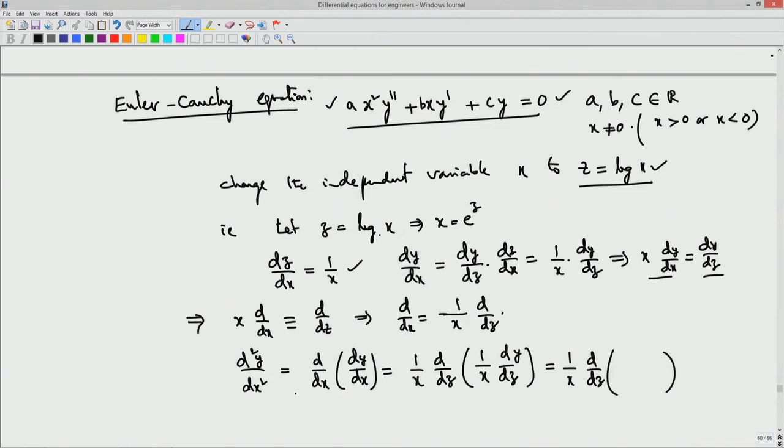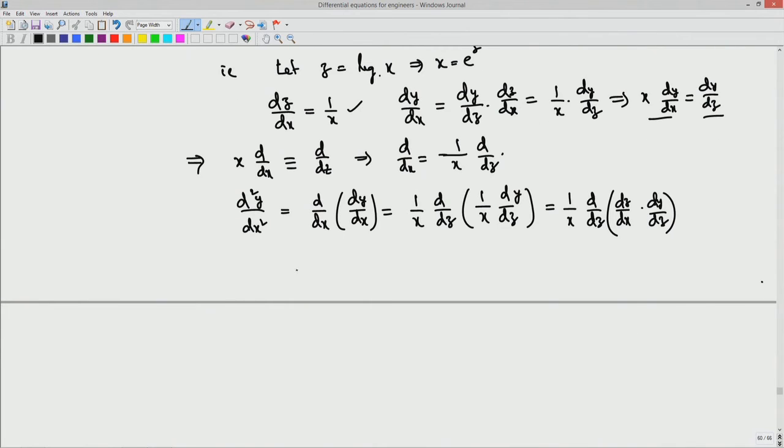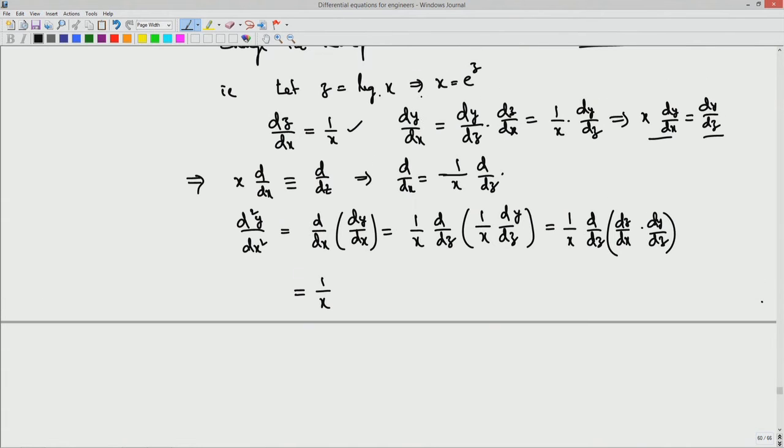What is 1 by x? Since x equal to e power z, 1 by x equal to e power minus z. So you can replace 1 by x as e power minus z.